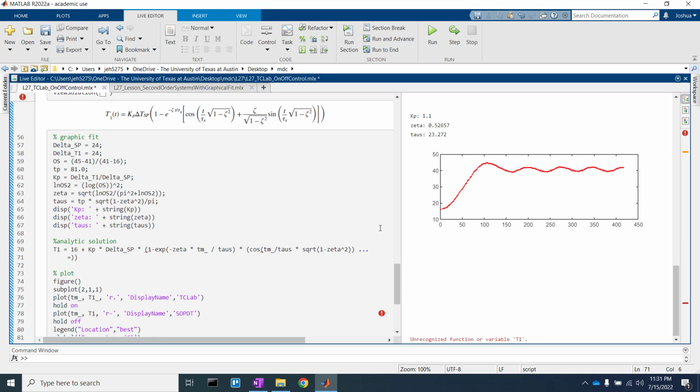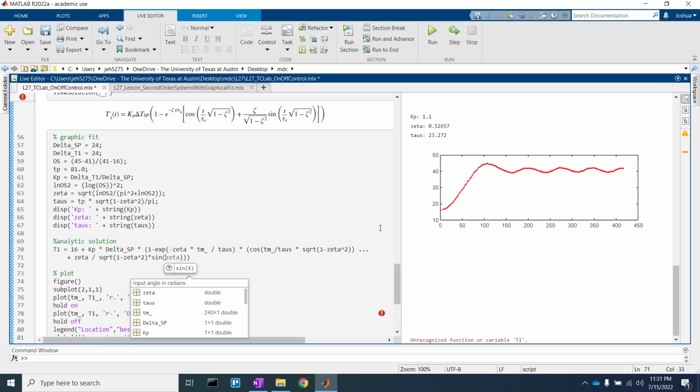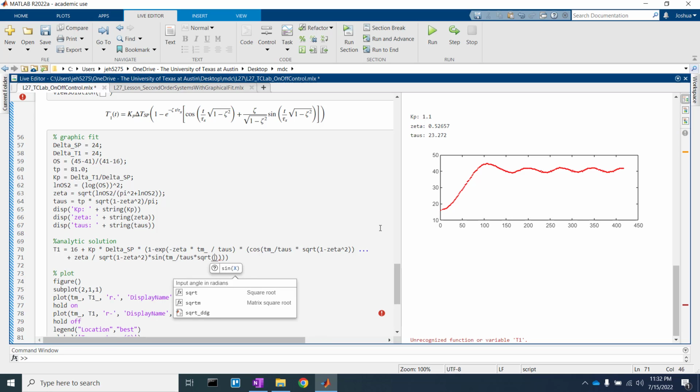Plus zeta divided by square root 1 minus zeta squared times sine of time, which we do our array that we get a whole bunch of values, divided by tau s times one more square root 1 minus zeta squared.